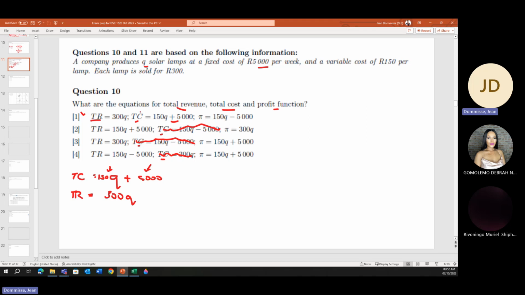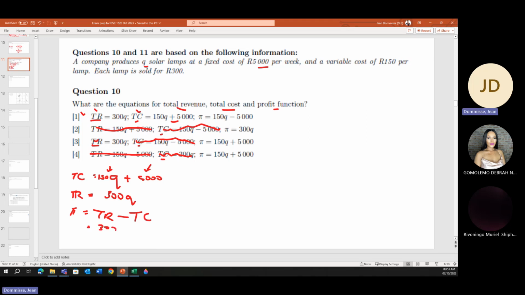Okay, so total cost was correct. Total revenue was fine, but total cost wasn't. They're also wrong. So they nearly swapped around some of the total cost and total revenue. We already know which one is right, but let's just make sure that we get the profit function. So profit function is total revenue minus total cost.